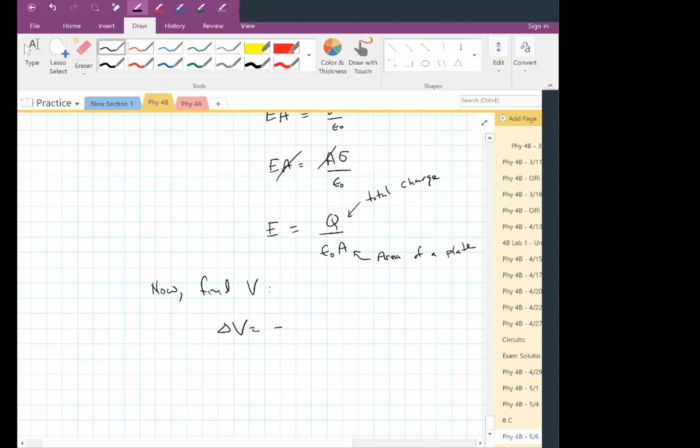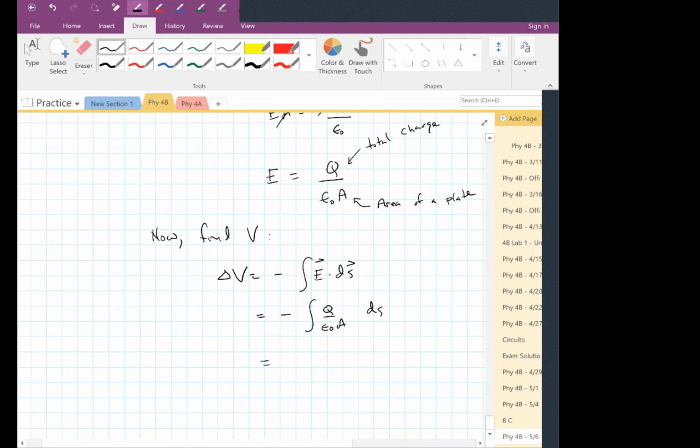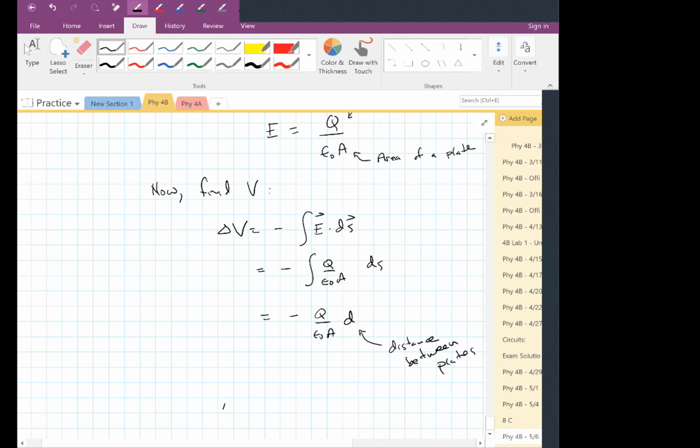Delta V is minus the integral of E dot ds. I plug in E. And E is constant, so this is just minus E times the distance between the plates. So I've got delta V, and I don't care about the minus sign.